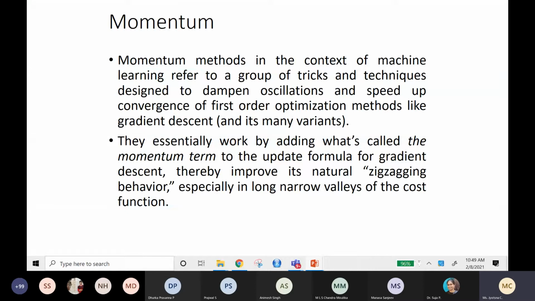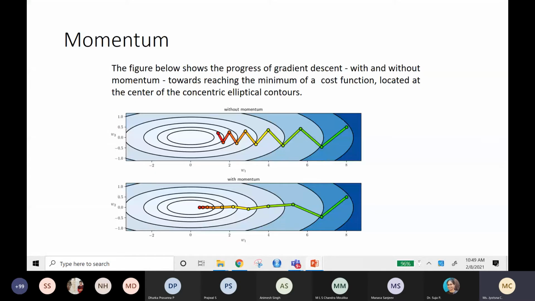Last class I told you that momentum helps to dampen the oscillations and reach the converging point faster. That is, to achieve the local minimum faster, we use momentum with gradient descent. You can see here how it moves to the local minimum without momentum and with momentum.